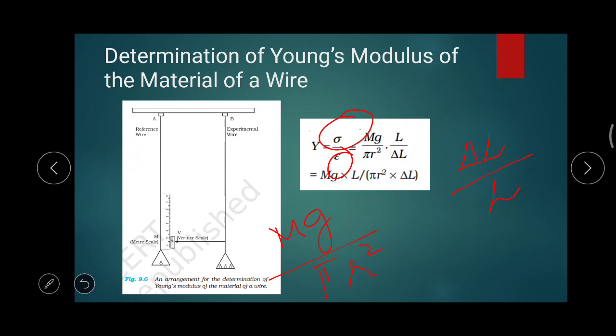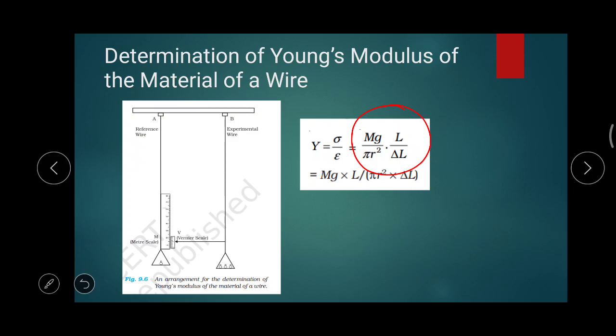So the equation we obtain is mg by pi r square into L by delta L, that is mgL divided by pi r square delta L. That is the Young's modulus in the case of a wire, so experimentally we can find the Young's modulus of the material of a wire by this method.